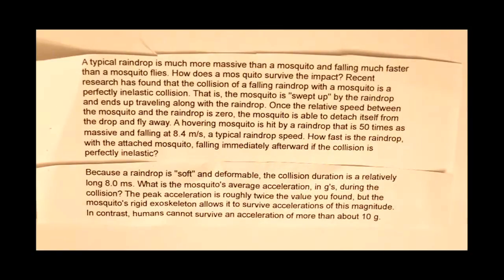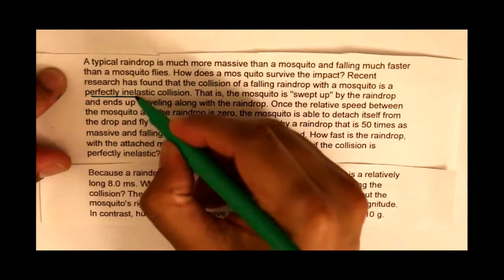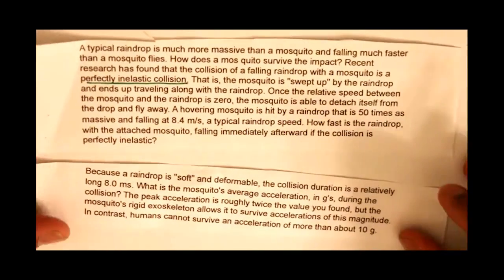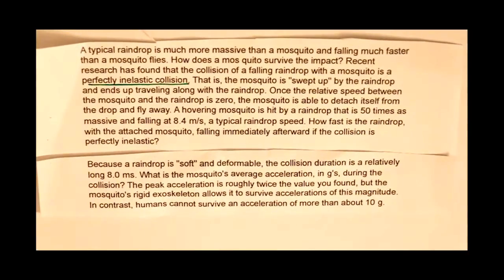Recent research has found that the collision of a falling raindrop with a mosquito is a perfectly inelastic collision. What does that mean? It just means that when the raindrop collides with the mosquito, they stick together and eventually the mosquito reaches the same speed as the falling raindrop, and momentum is conserved.